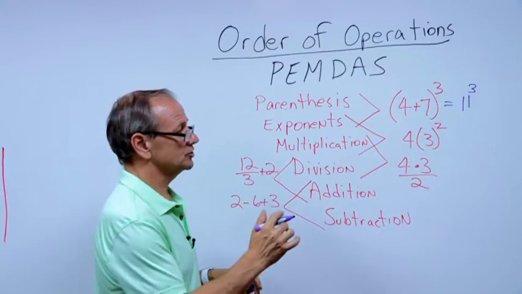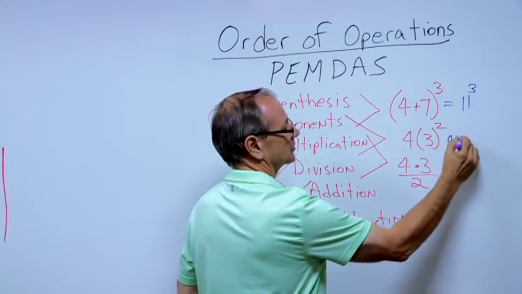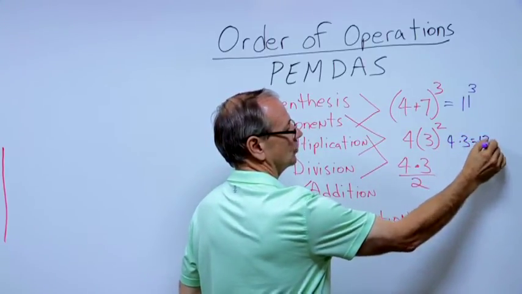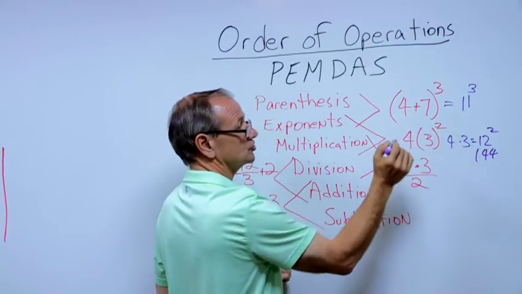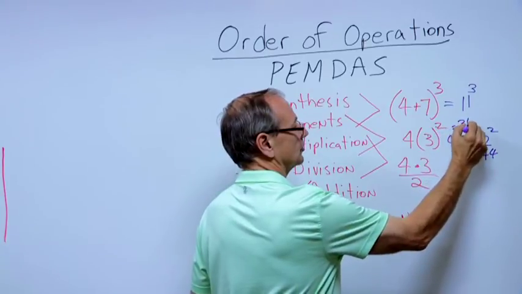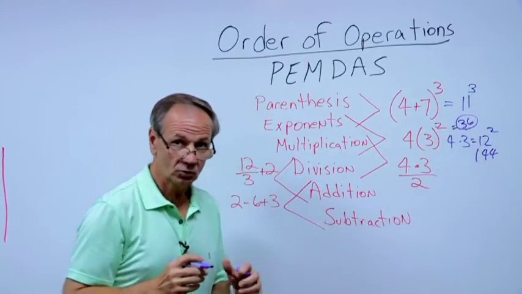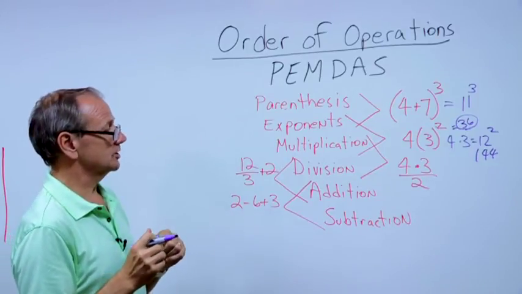It's a very common mistake that people will do it on their calculator and say 4 times 3. The calculator gives you 12, then squares it and you get 144. But you can see the answer should be 9 times 4, which is equal to 36. The ACT will have both answers on the test because they know people make these kinds of mistakes.